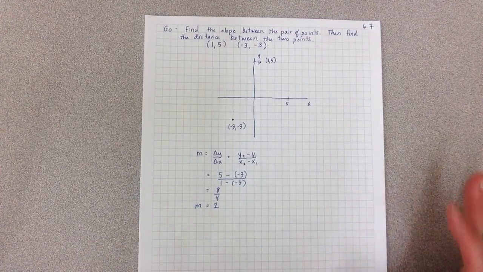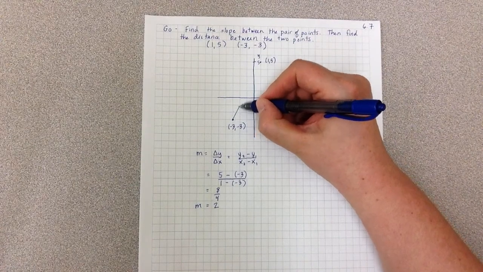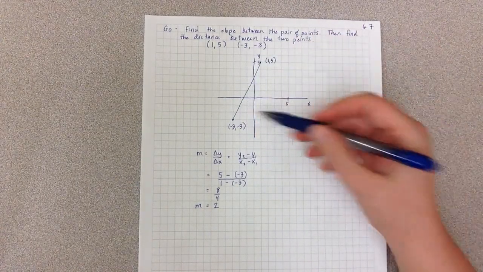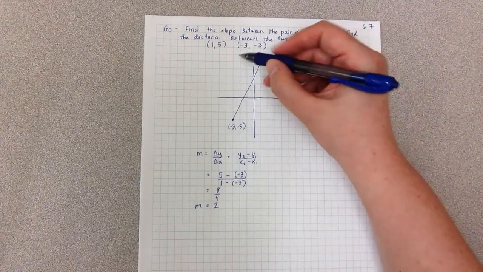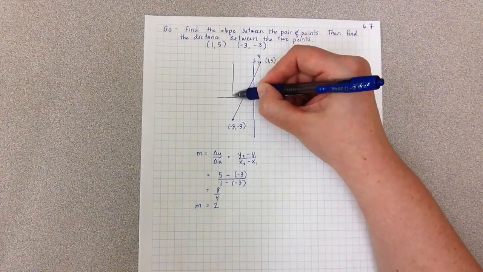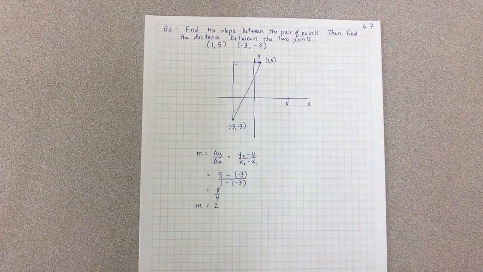Now, it's really important to go back and remember that when I'm finding the distance, I'm really asking for this length. And that distance is very much related to the Pythagorean theorem. So I can draw in my right triangle.